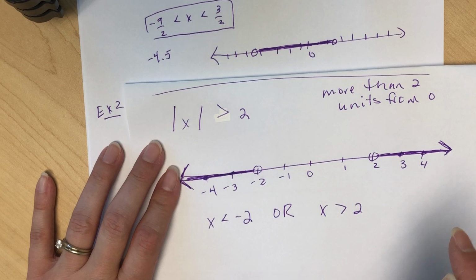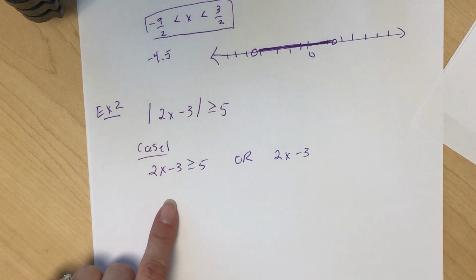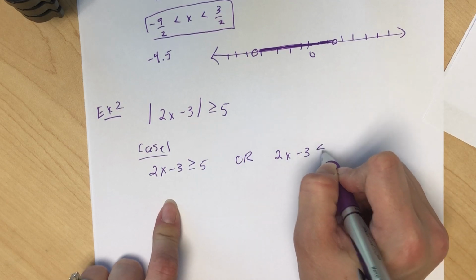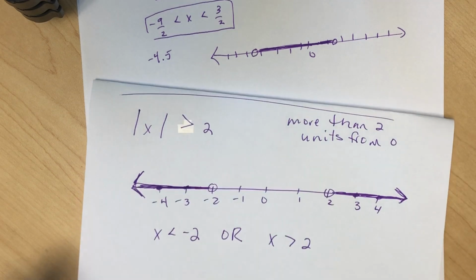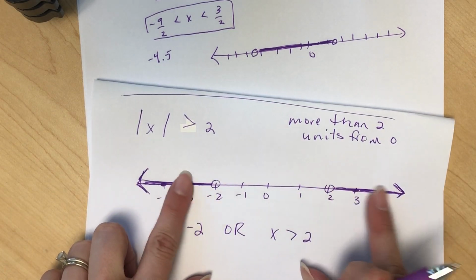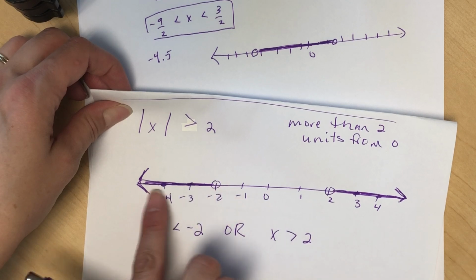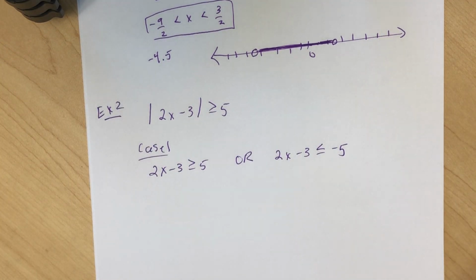So that's what we're going to do here as well. One case, we just dropped the bars. Second case is going to be the inside: less than or equal to negative 5, because it's got to be on these outer edges of your number line. So greater this way, less than or equal to the opposite of the constant this way.